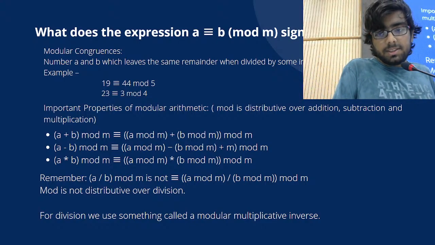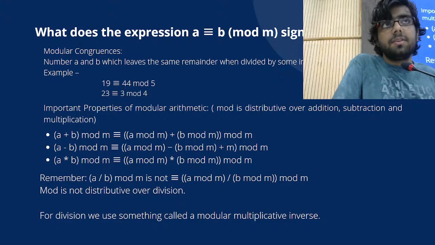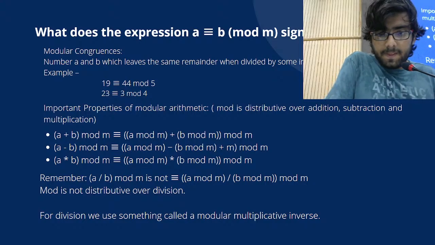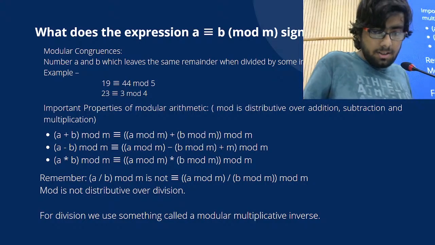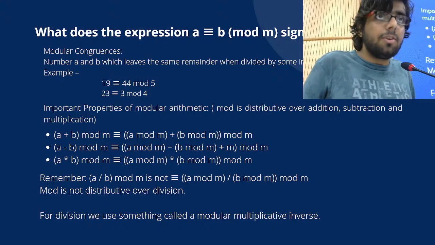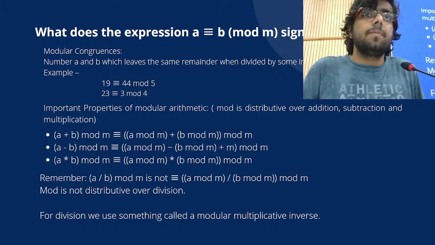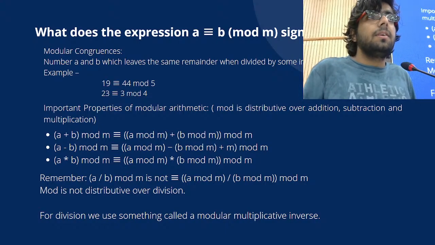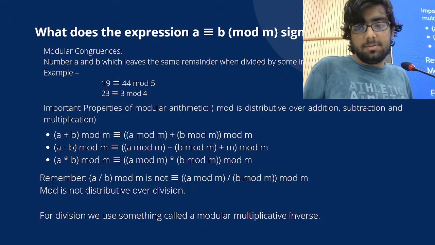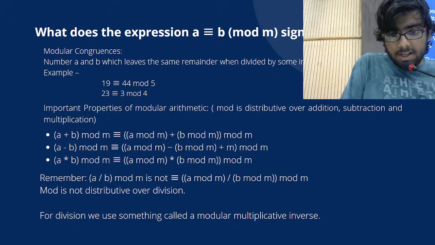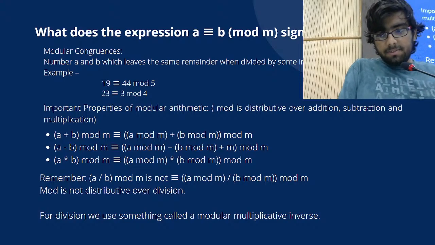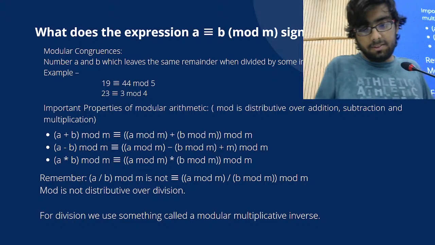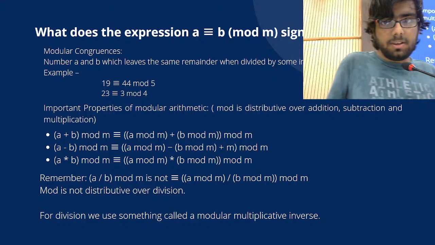In multiplication also, it's the same as addition. And of course, it can be seen that division would not satisfy this, because what's the remainder and you are dividing by that. So division doesn't work. For division we use the multiplicative inverse, which we'll talk about right next.